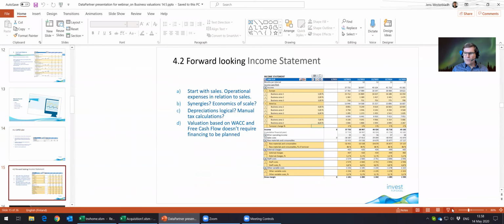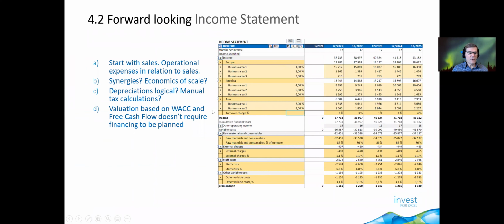I go forward to the next screen, which is forward-looking income statement. And we start the modeling with sales. So we look at different business areas and how they will develop over time according to our beliefs.